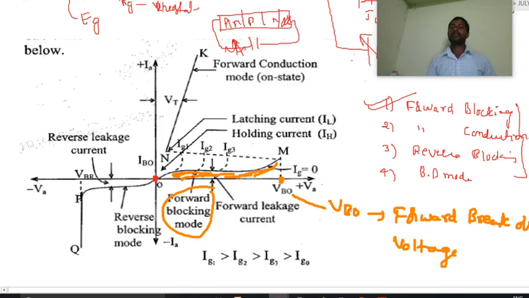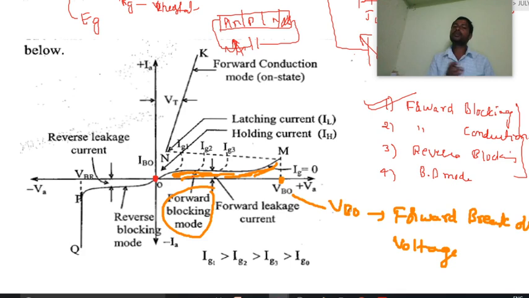For example, if you increase the voltage across the SCR gradually, 10, 15, 20, 30 volts like that, then after a certain voltage, at a particular voltage, avalanche breakdown takes place at junction J2.